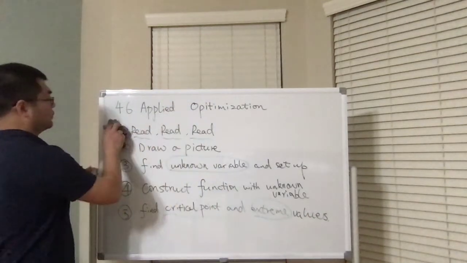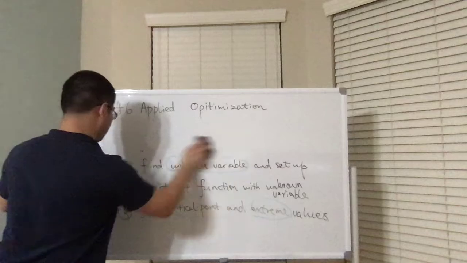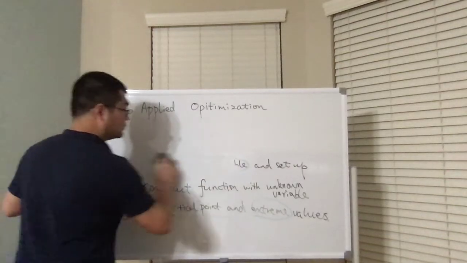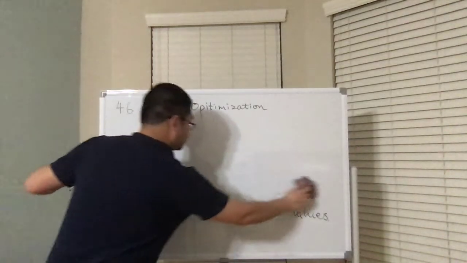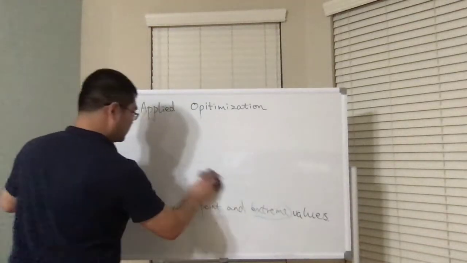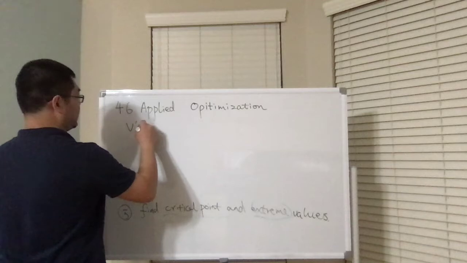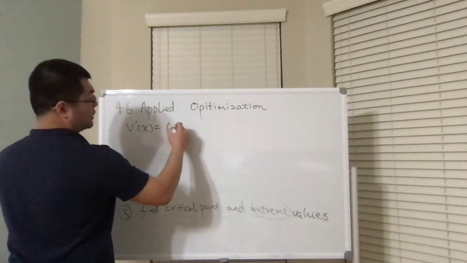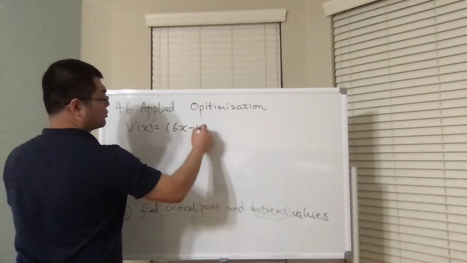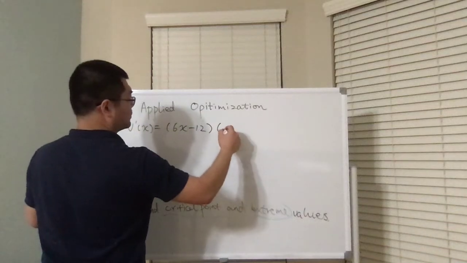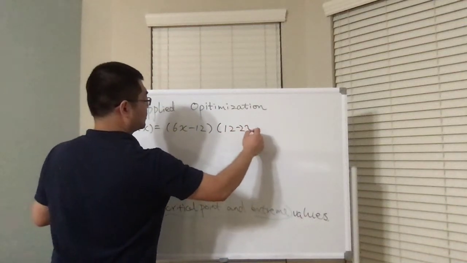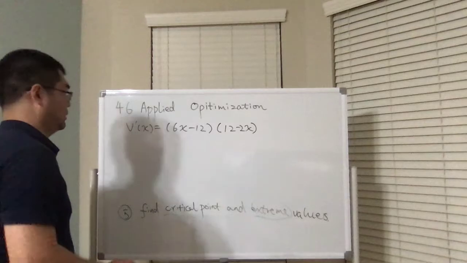Let me have more space here. So the derivative function V prime of x is negative 6x plus 12 times (12 minus 2x).